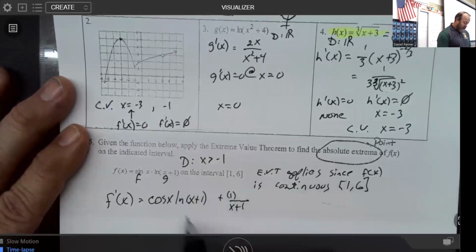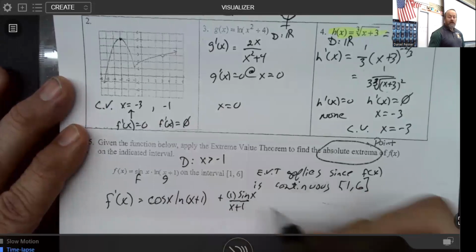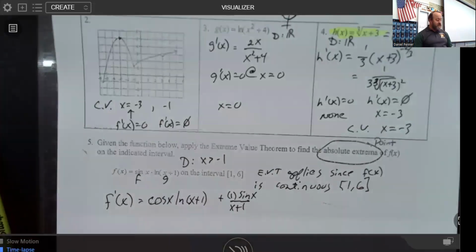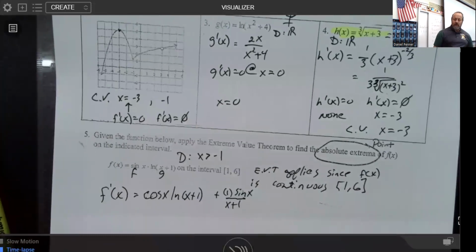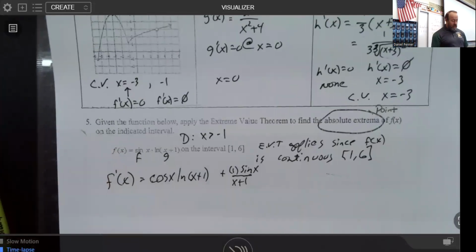So this is f prime g, plus g prime, but I still need to multiply by f. Now, this is a calculator question because this is just not something we know how to solve. I'd love it if I could factor something out, but there's nothing in common. I'm just kind of stuck.